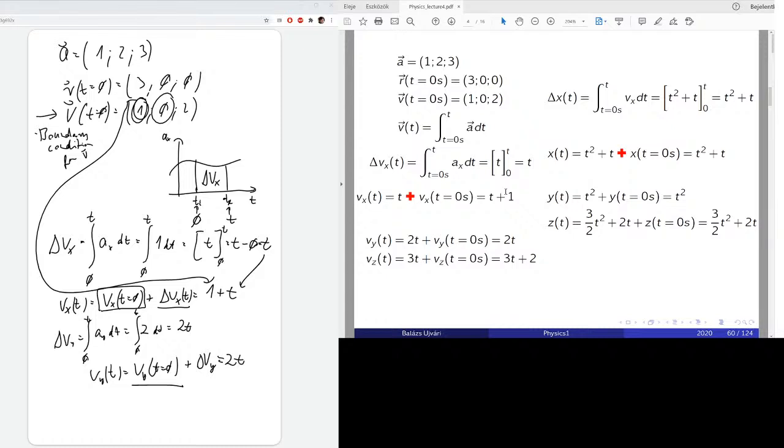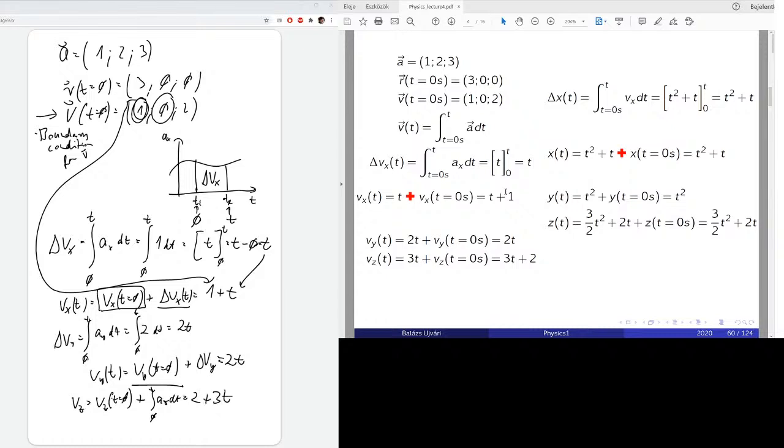The Vz, when we integrate the Az, which is 3, is the Vz at t equals 0, that's 2, plus the integral from 0 to t of Az, that will be 2 plus 3t.